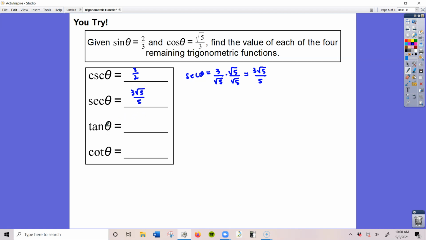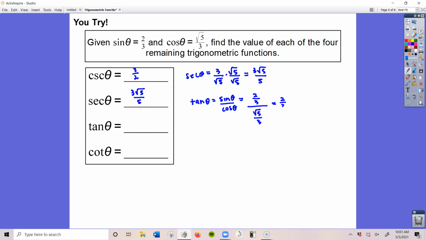Now tangent, I'm going to use the quotient identities from now on so that we can remember those moving forward. Tangent of theta is equal to the sine divided by the cosine. Sine is 2/3 divided by cosine, which is the square root of 5 over 3. So now I'm going to copy, change, flip.